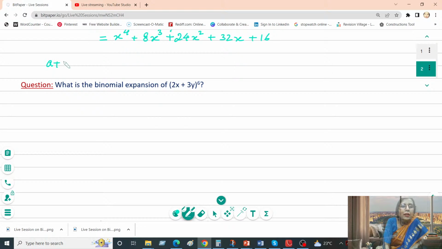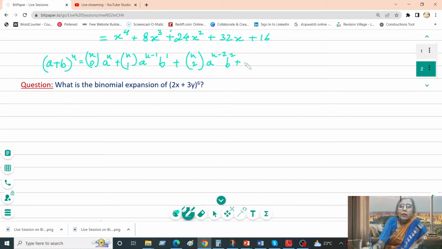(a + b) to the power of n is equal to nC0 a to the power of n plus, I'm not writing b to the power of 0, nC1 a to the power of n minus 1 b to the power of 1 plus nC2 a to the power of n minus 2 b to the power of 2.